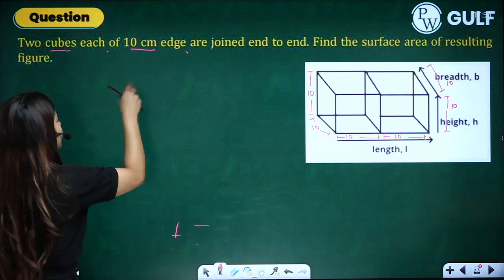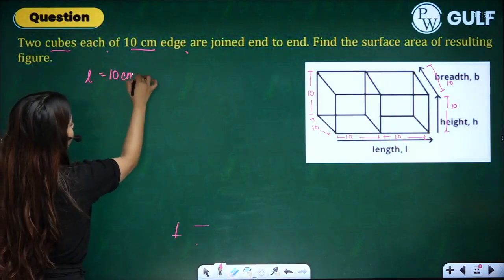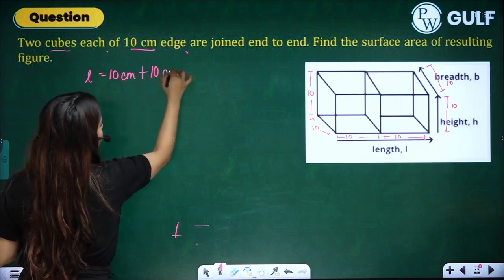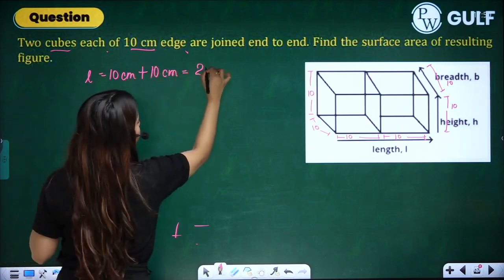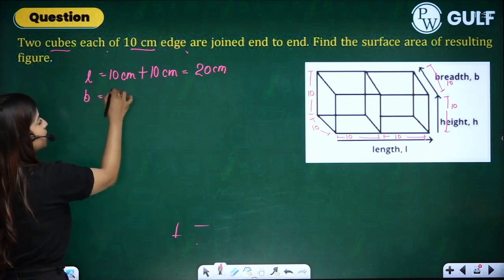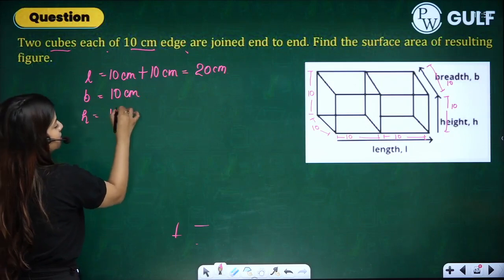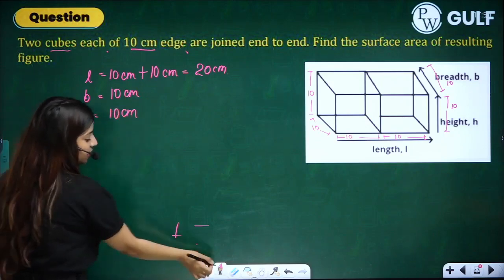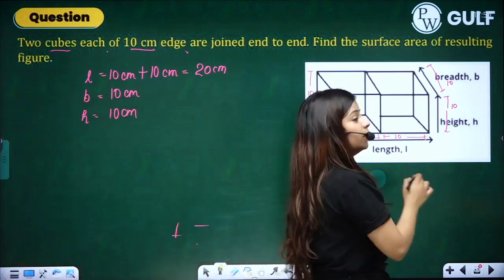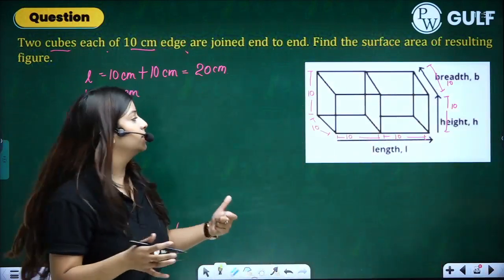So for the resultant figure, students, the length will be 10 centimeter added to 10 centimeter, which will give you 20 centimeter. Right? The breadth is still 10 centimeter, and the height is still 10 centimeter. So these are the values that we have for the resultant cuboid in front of us.